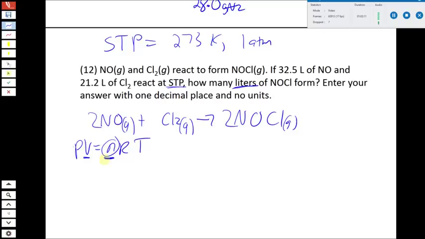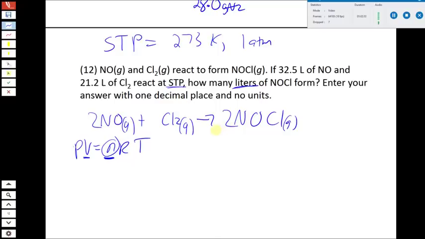That means the number of liters you have is proportional to the number of moles you have if everything's at the same temperature and pressure, which tells us that we can treat these coefficients also as volume ratios. They are mole ratios, but they can also be thought of as volume ratios, where at a given temperature and pressure, 2 liters of NO plus 1 liter of Cl2 will make 2 liters of NOCl.